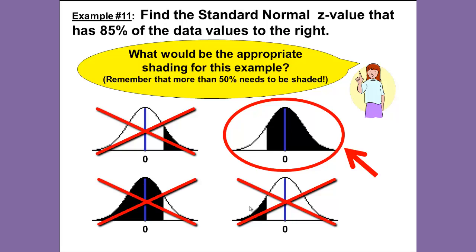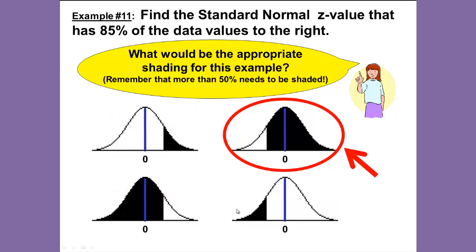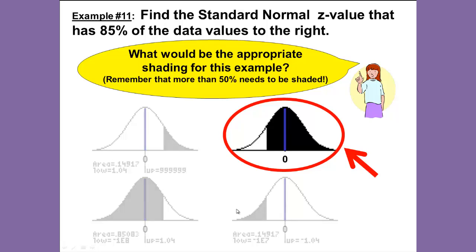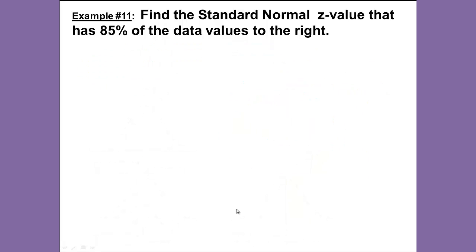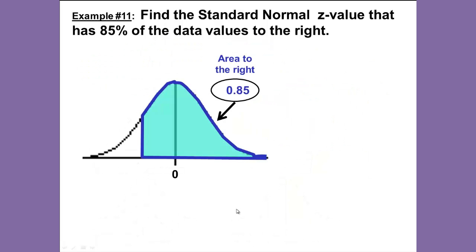And because we're shading to the right, we'll need to flip it from what our answer has been before. In this case, let's graph that, and that's the 0.85. But remember, this is the area to the right.